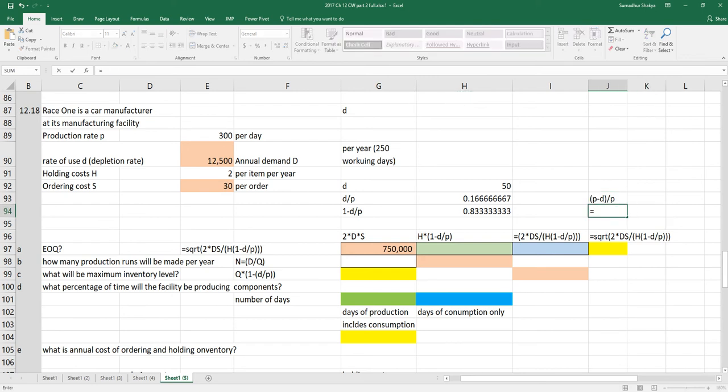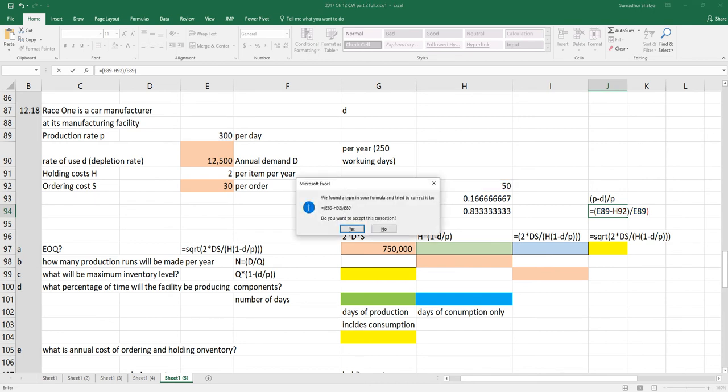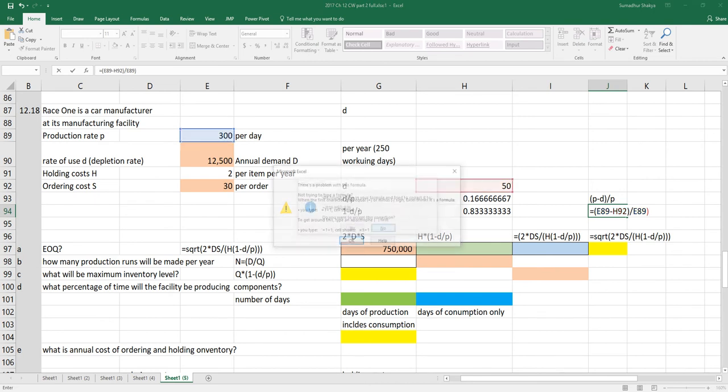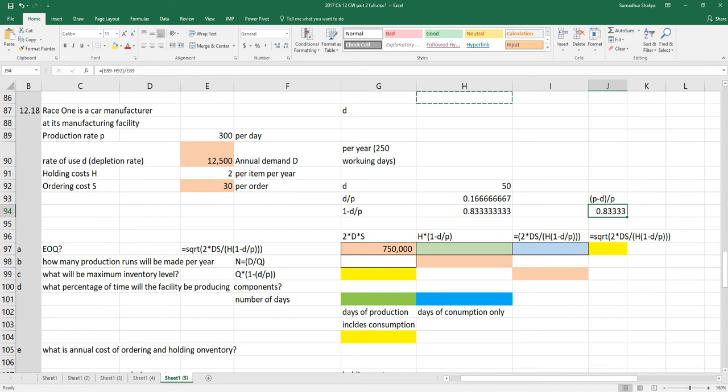Production is 300 minus the depletion, divided by production. So however you want to reach it, if you want to take baby steps, all that matters is that you have to be accurate.